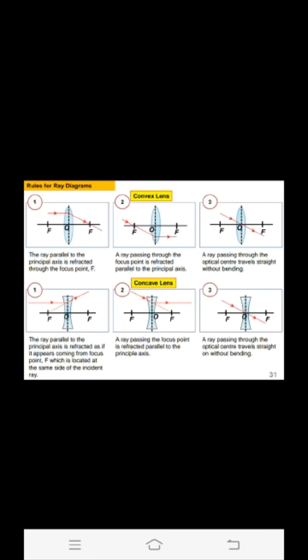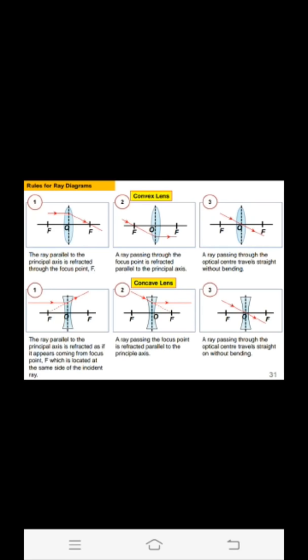Alright, the second one, the ray passing through the focus point is refracted parallel to the principal axis. So here, the light ray is refracted and becomes parallel to the principal axis.